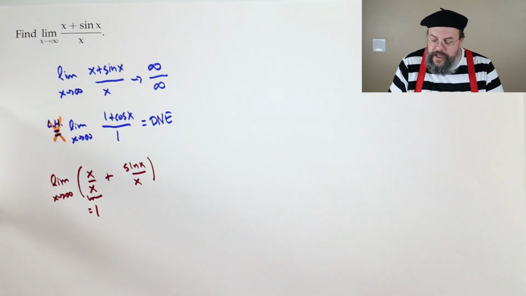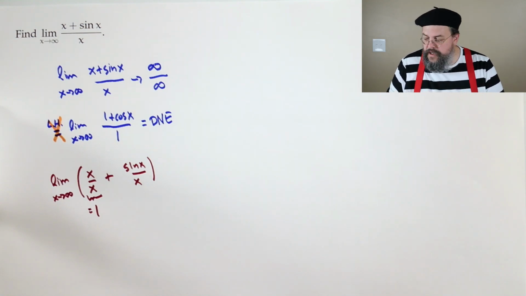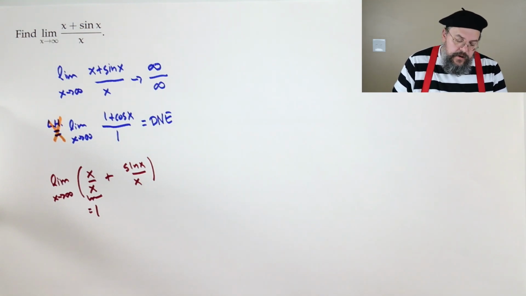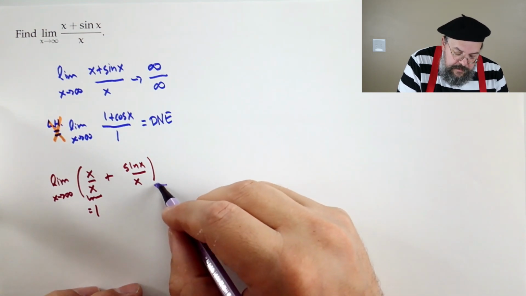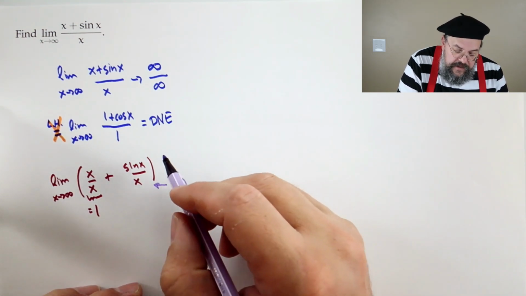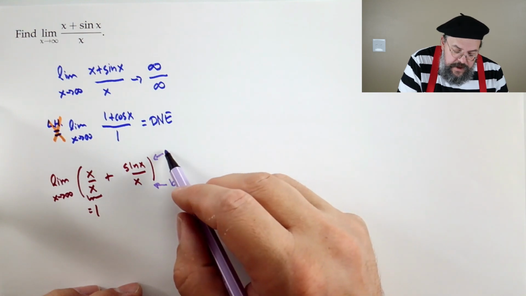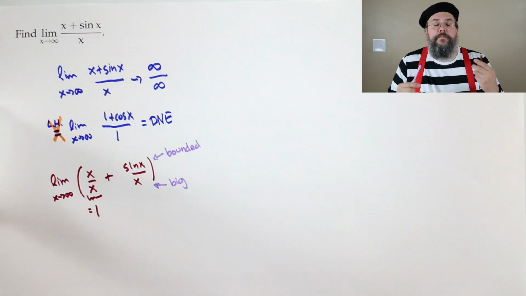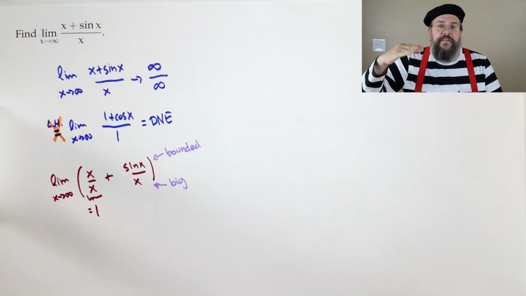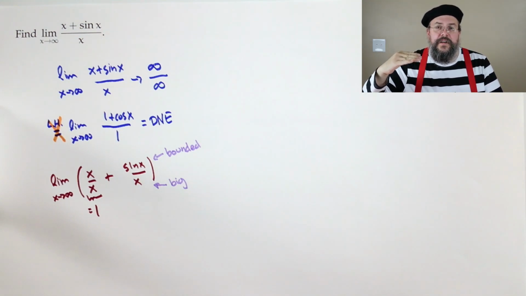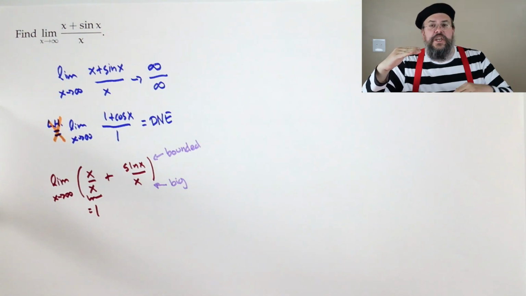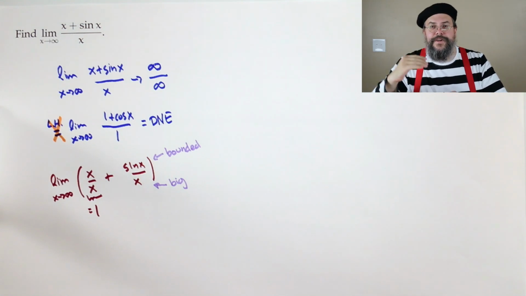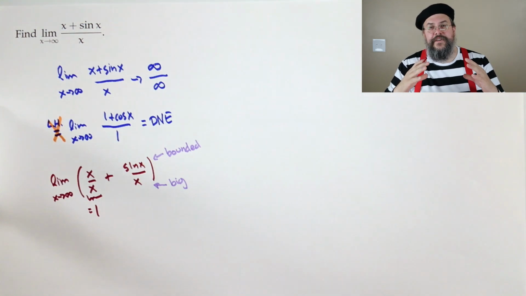Well, it's a story of two parts. You have the downstairs part, which is the x, and this is getting big. Then you have the upstairs part with the sine of x, which doesn't get big. It stays bounded, between +1 and -1. So if I have something going between +1 and -1, divided by something which is getting huge, the result is going to get smaller and smaller.